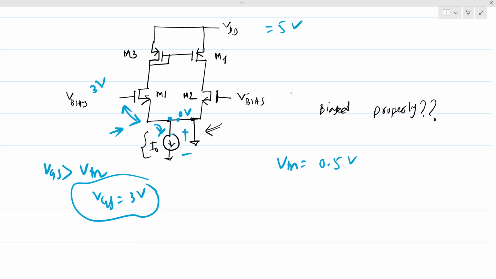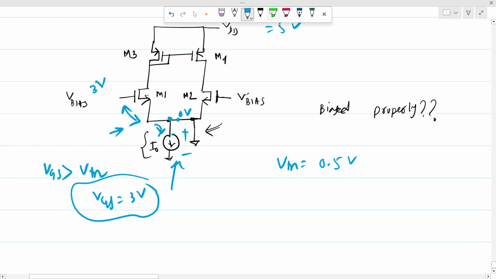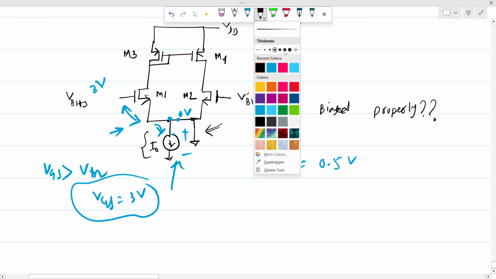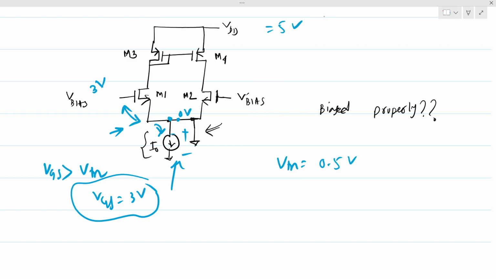Okay, ideally, right? So here this is the ideal current source. So if the voltage across it is 0 volt, there is no problem for this current source. Okay, so we have somehow managed to keep all the transistors in saturation. Okay, so this whole circuit is biased properly.